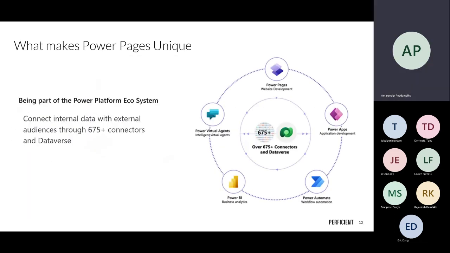And what makes them unique is the number of connectors, right? The Power Platform ecosystem has more than 675 connectors. So think of your data as living anywhere, right? As long as you have an API to interact with, you can surface or interact with the data. I think the number has gone up now, it's 900 plus connectors in Power Platform, using which you can connect to different data sources.